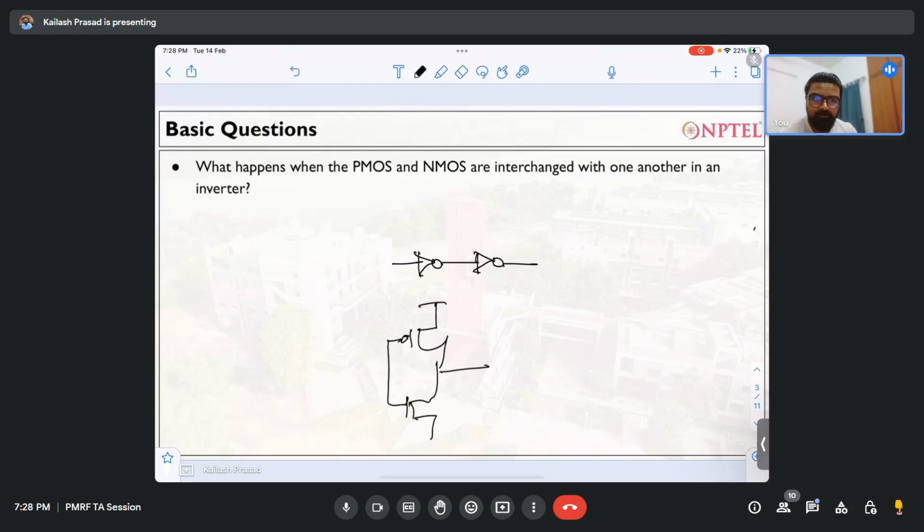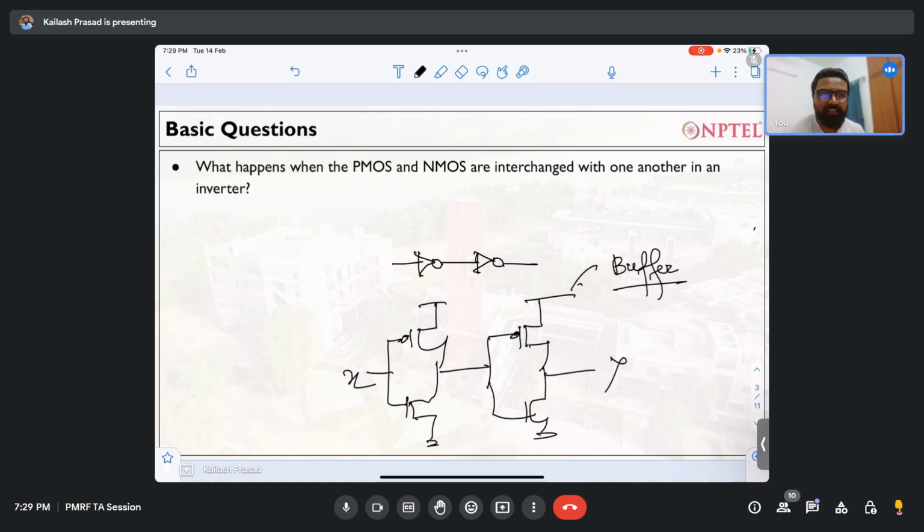Whenever we want a buffer, we put two inverters back to back. There is actually no other option for us. So you put X, you will get Y with full voltage swing. So this is our buffer.